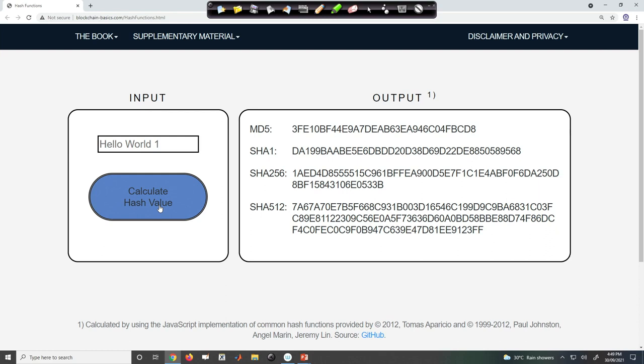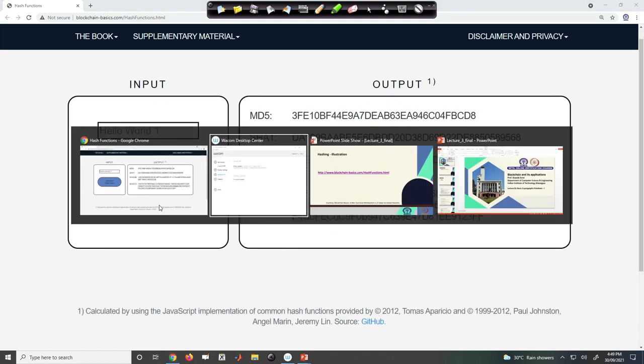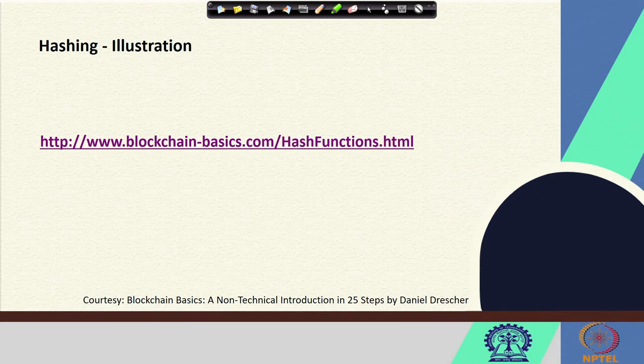Just because I know the hash for hello world, looking at the hash for the second one, I cannot figure out that the original message was hello world 1. That is an important property of hash functions, and this illustration demonstrates that. You can try it yourself by going to this site or other sites where you can give any input and generate the outputs.